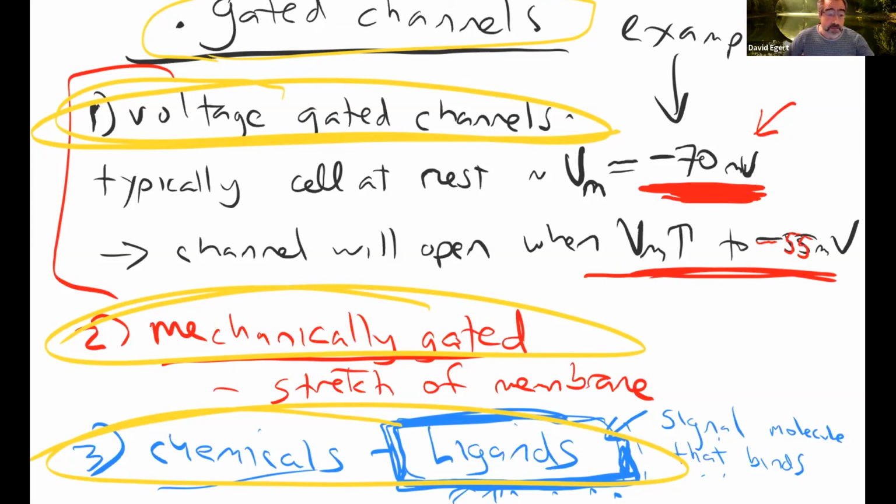This is how cells are going to be sending messages, and how cells are going to be detecting and responding to things happening in their environment. What's going on out there? What's floating around me? Or is somebody sending me a message?